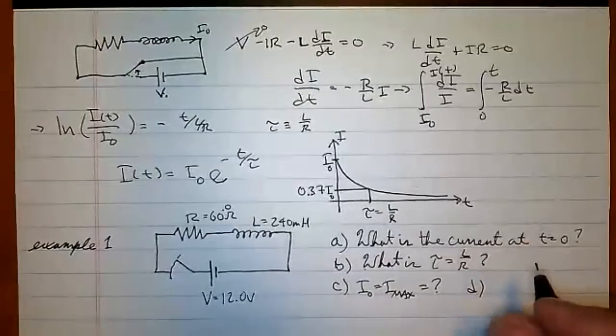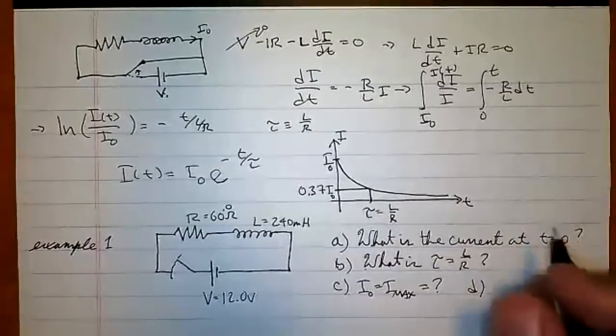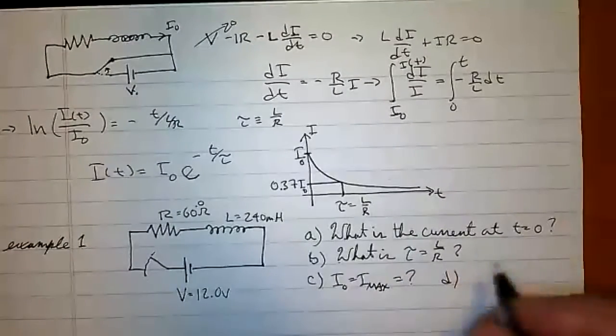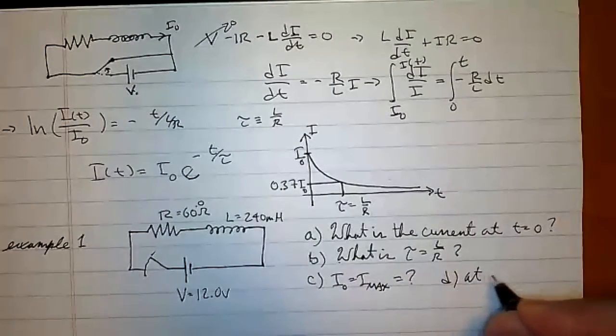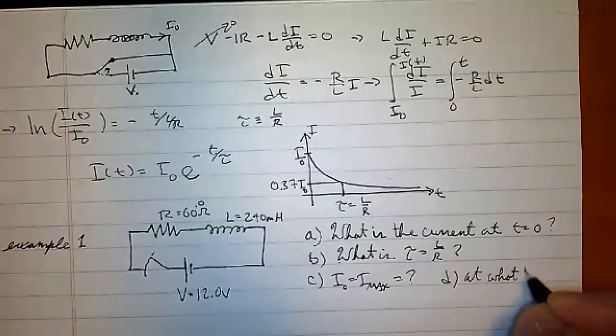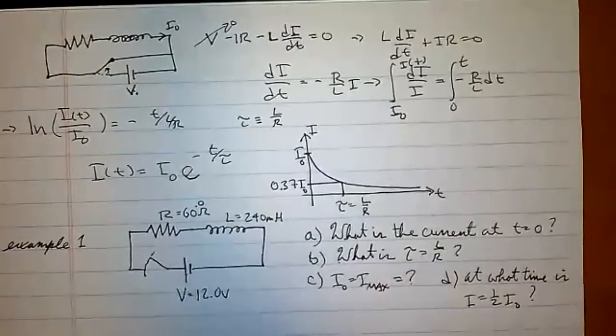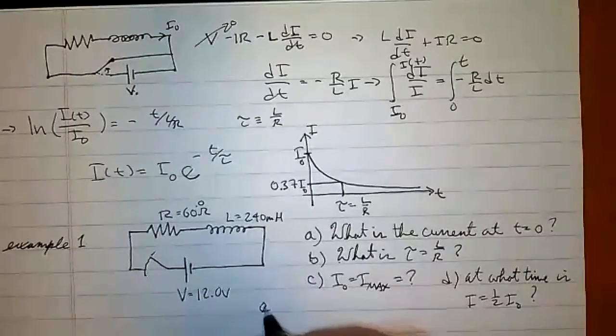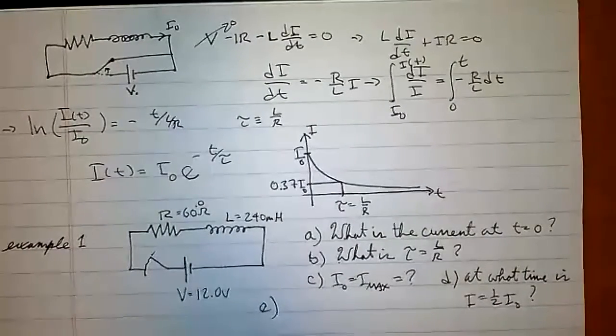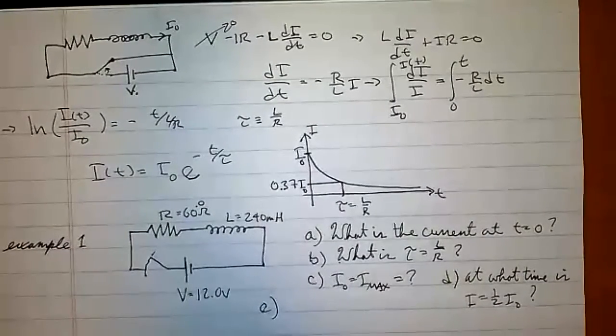Part D, I want to know at what time is I equal to 1/2 I0. So that's part D. Let's say part E now. I would like to know the rate at which energy is delivered by the battery.